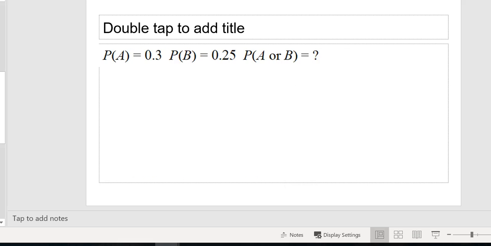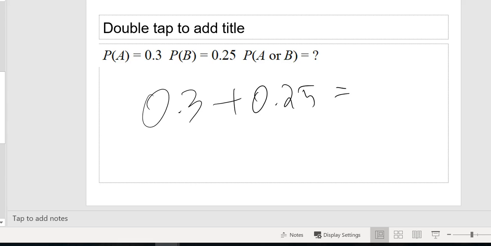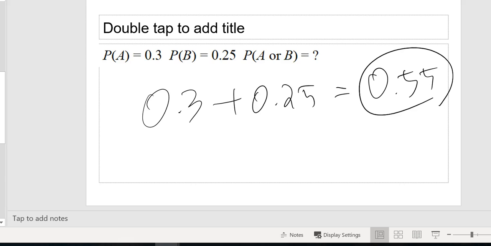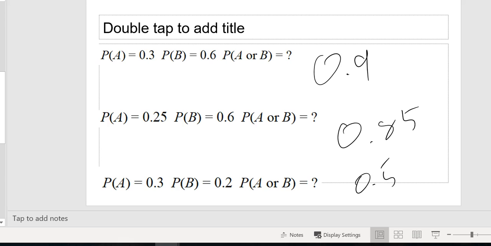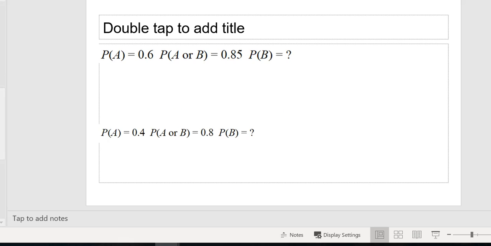Pretty simple. Now an OR problem means we just add them together. So we take 0.3 plus 0.25, that's 0.55. Again, we're just adding these all up. You get 0.9, 0.85, and 0.5. I just add up all the numbers. It's easier than multiplying. This next one is working backwards a little bit.